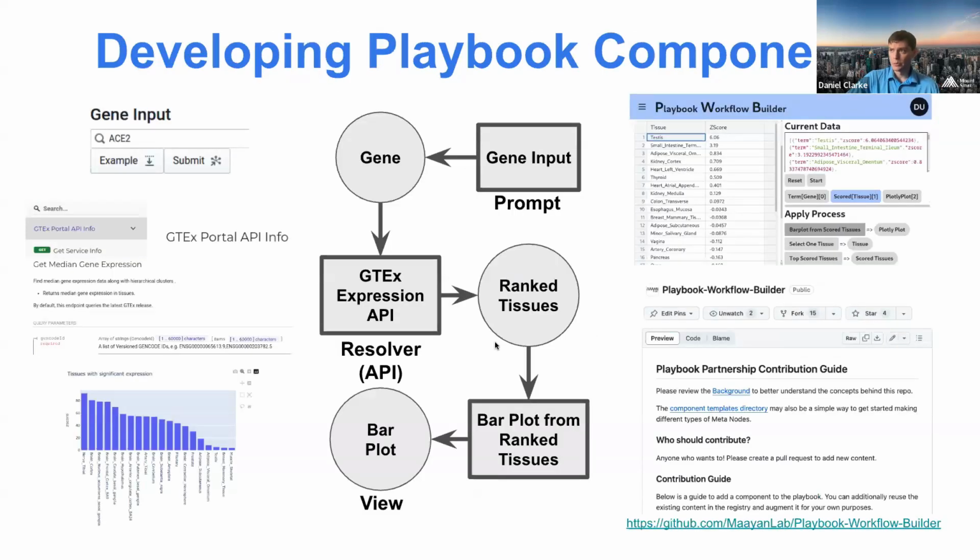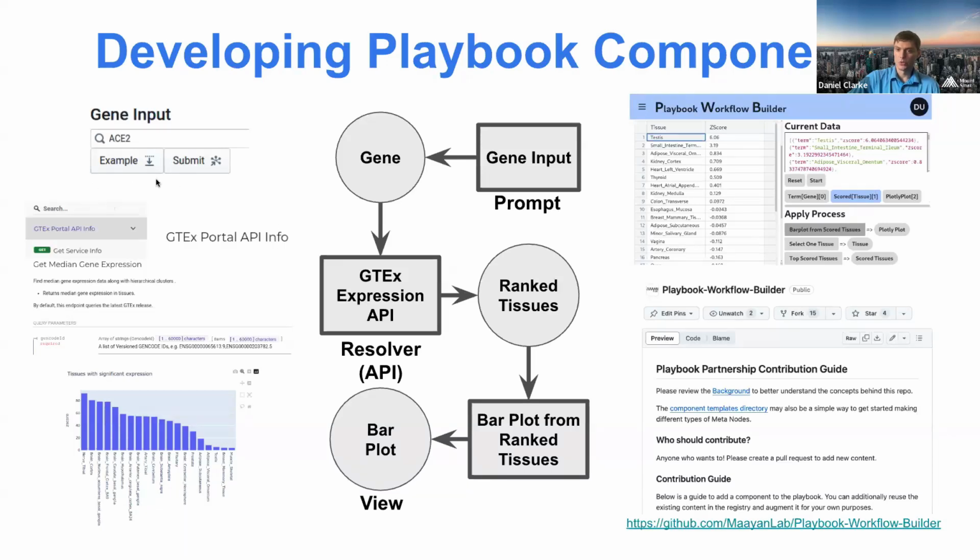Finally, it's possible to actually develop components for the playbook. There are these three types of components that we've set up the playbook to accept. There's something called a prompt component, and this is a component that is going to take user interaction into account.